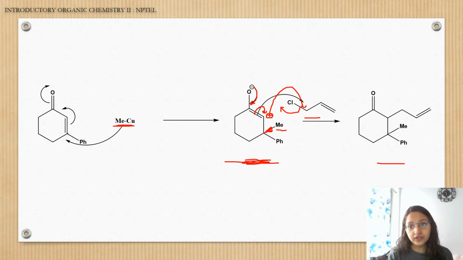So if the first nucleophile is adding above the plane, then the second nucleophile will be present at the dash plane, that is, below the plane. Because of the steric hindrance, this kind of system prefers the trans geometry. Is it clear?